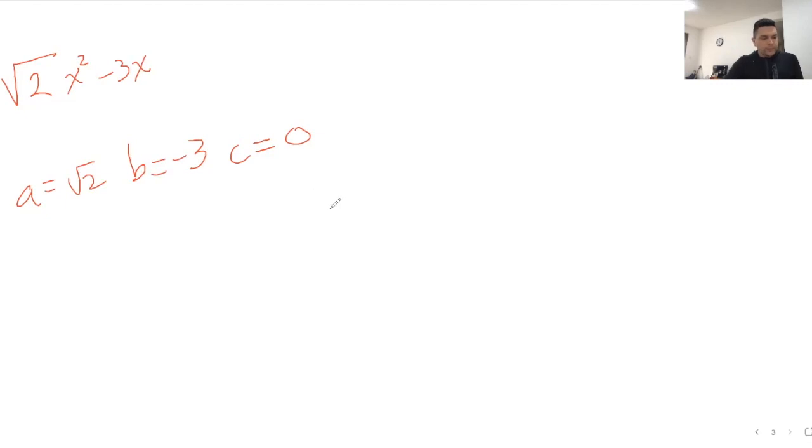So again, if they give it to you in this form, ax squared plus bx plus c equals 0, this equation is a general quadratic equation, okay?